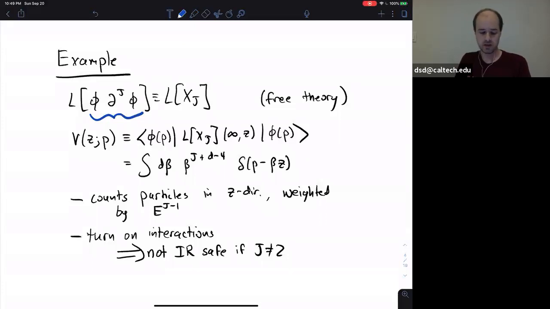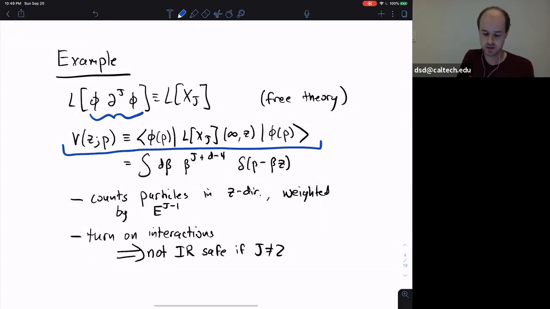You can take the light transform of this and stick it at future null infinity. In a free theory, we can ask what this detector does. One way to characterize that is to write down the vertex associated to this detector, which is basically the expectation value in a single particle state.